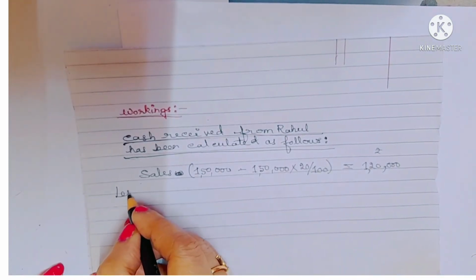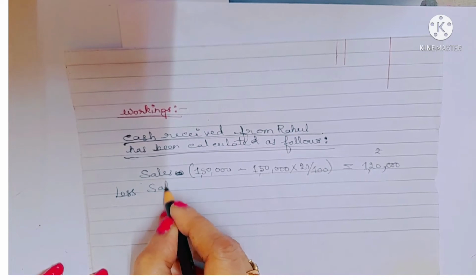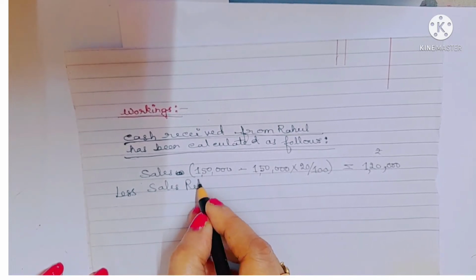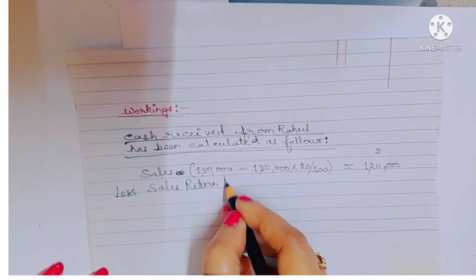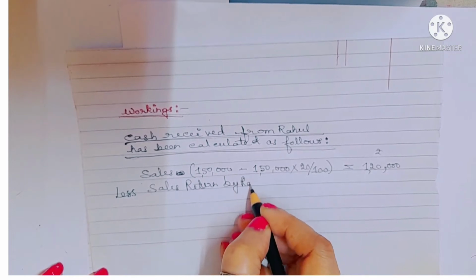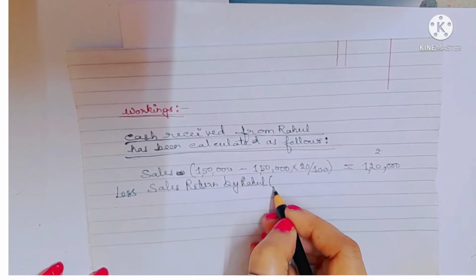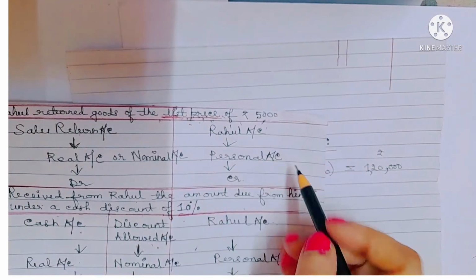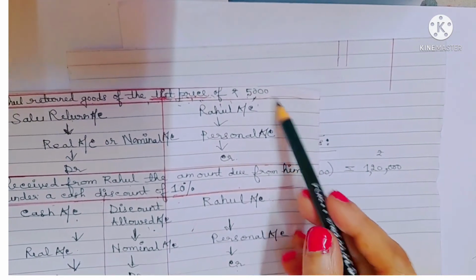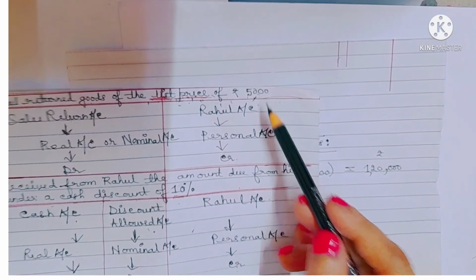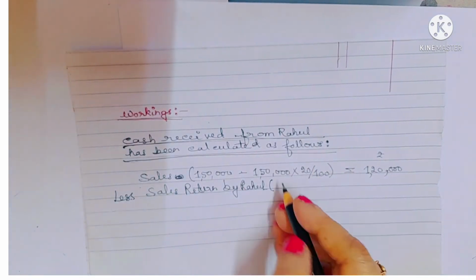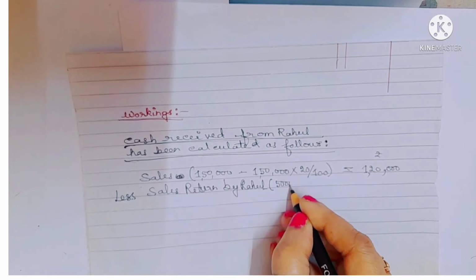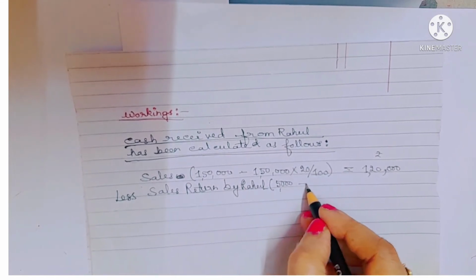Less sales returned by Rahul. Sales returned by Rahul, how much? See, 5,000. 5,000 minus trade discount.